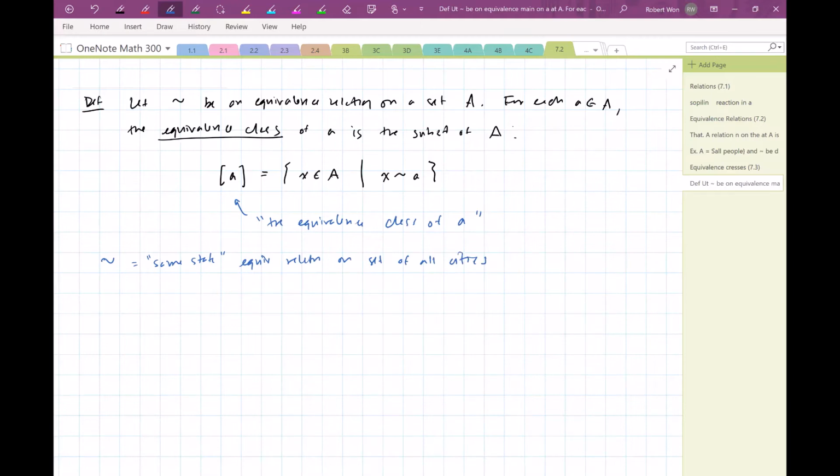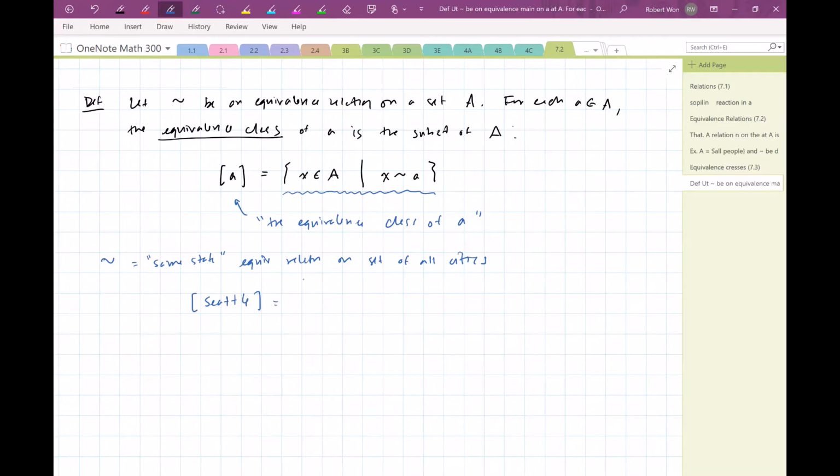Well then, for every element in A, for every city, I can talk about the equivalence class of that city. So I could talk about the equivalence class of Seattle. What is the equivalence class of Seattle? It's a set. It's the set of all cities that are equivalent to Seattle. In other words, it's the set of all cities that are in the same state as Seattle.